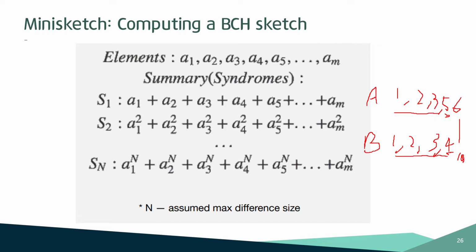So there are these 4 values, and using these 4 values we can derive the different numbers, these 5 and 4. And the 4 values are referred to as a sketch value.